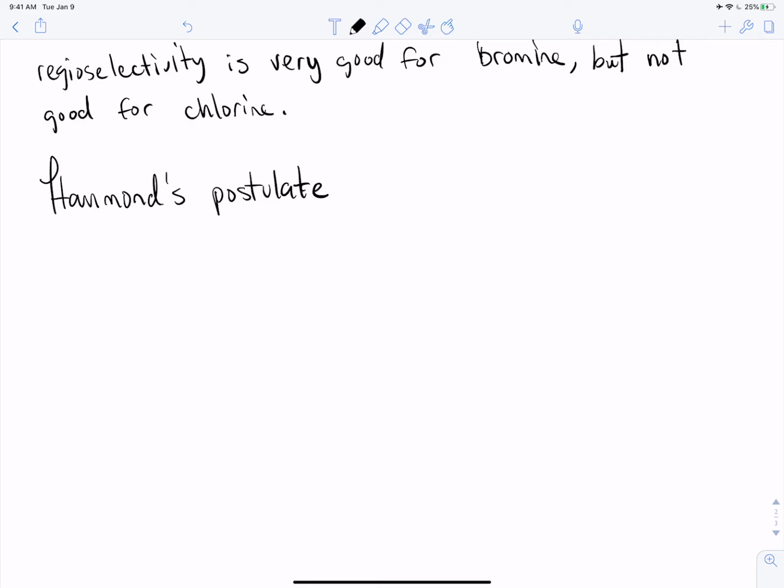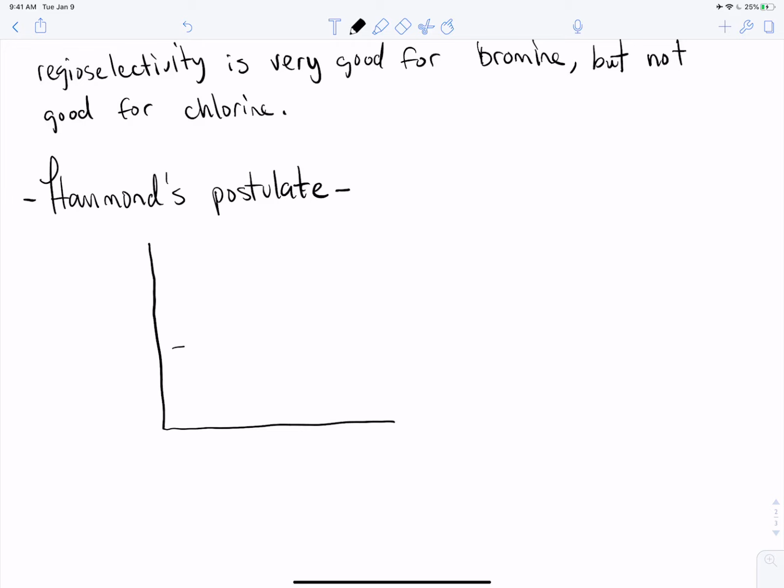These things are short-lived, and so Hammond's postulate allows us to get at what the transition state might look like. I'll take you through Hammond's postulate really quick. It's a really useful lens for looking at chemical reactions in general, and we teach it specifically in this radical portion. But it's applicable to things that we've already learned and things that we'll learn in the future.